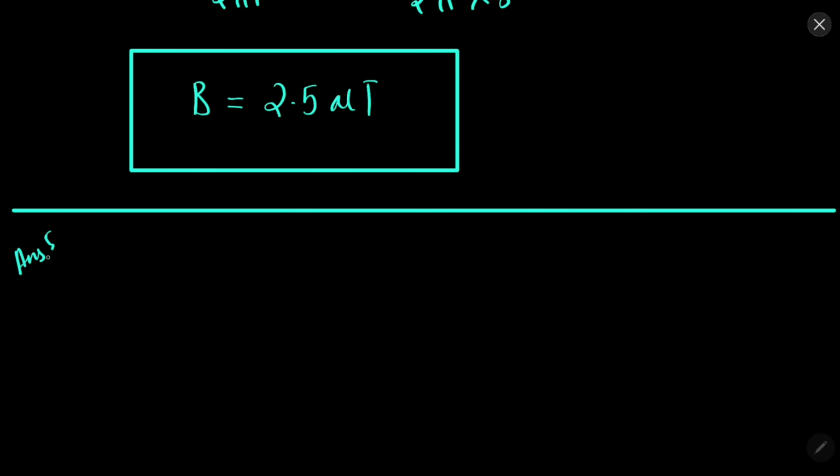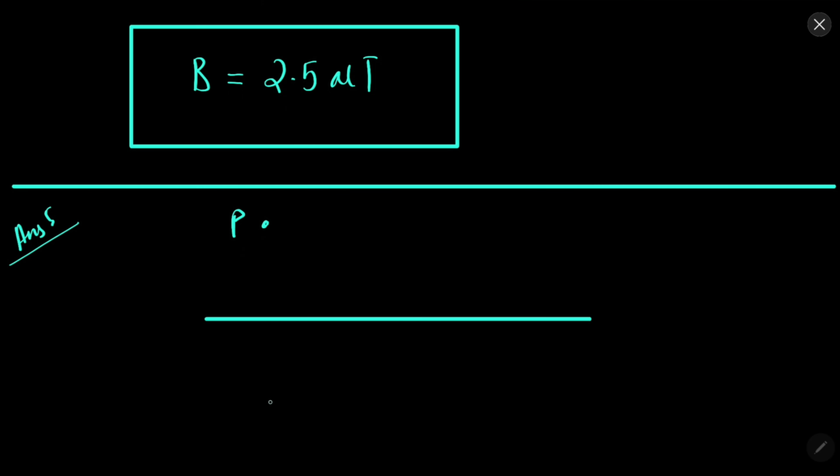So this is the fifth one. Situation is, let's say this is a reference point, this is point P, this is point Q, 2 cm and 2 cm, and current I feels like this.